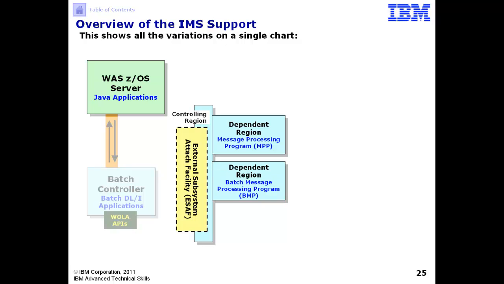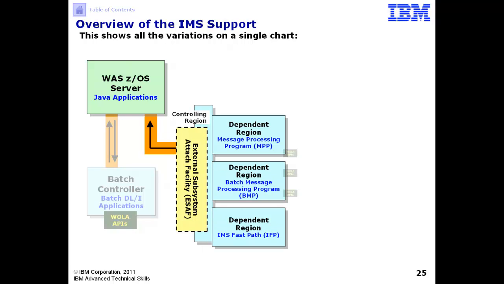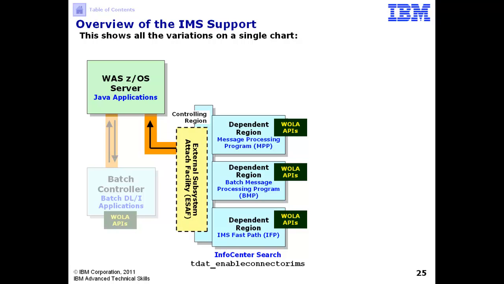The next form of IMS usage we'll illustrate is inbound to WAS using the IMS External Subsystem Attach Facility, or ESAF for short. ESAF may only be used for inbound calls. It cannot be used for outbound calls from WAS to IMS. This is due to the design of the ESAF interface.